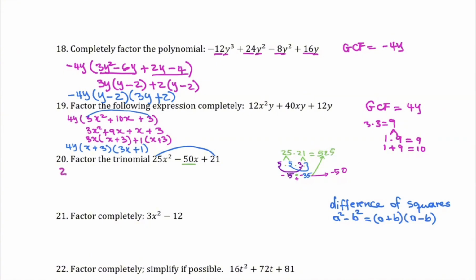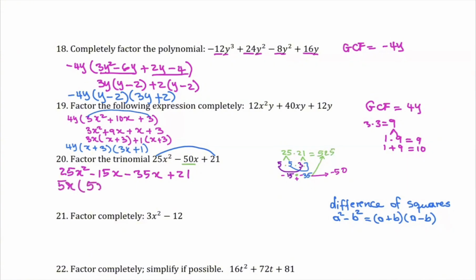Now that we get the numbers, let's write them in the equation. So that will be 25x squared, I'll put minus 15x here, minus 35x, and then plus 21. With that, we can factor by group and factor the GCF of each group. First group is the first two terms, and second group is the last two terms. So let's factor the GCF of the first group, that is 5x.